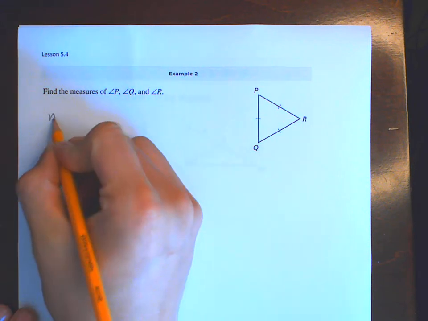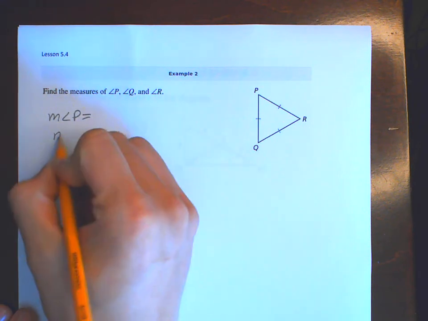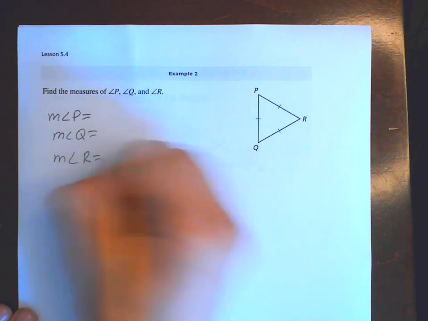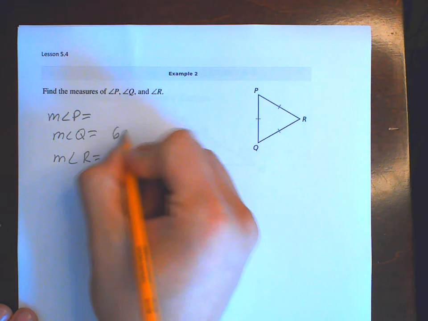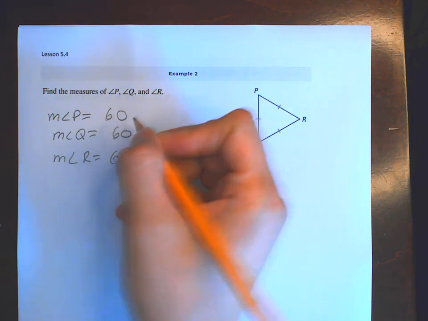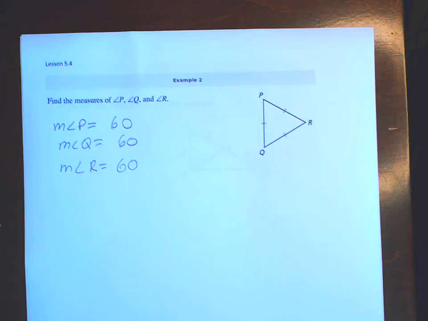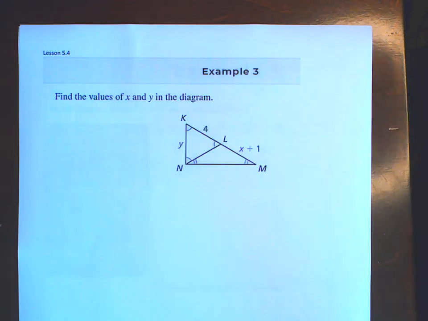So the measure of P, the measure of Q, and the measure of R are all going to be the same, and they're all going to be 60. All right, that's example 2. Let's look at 3.